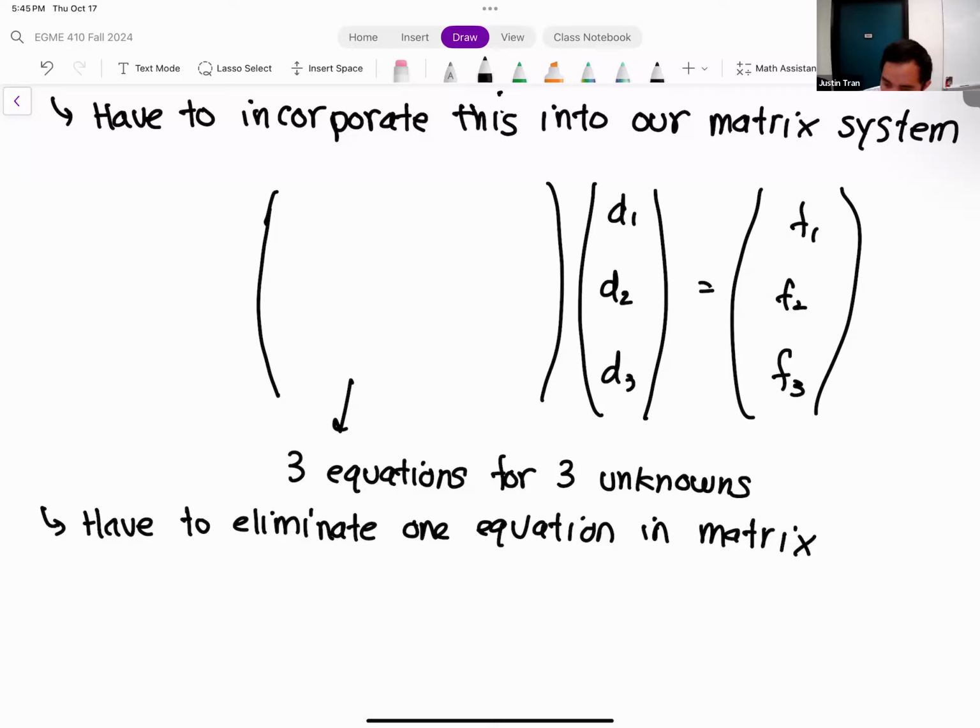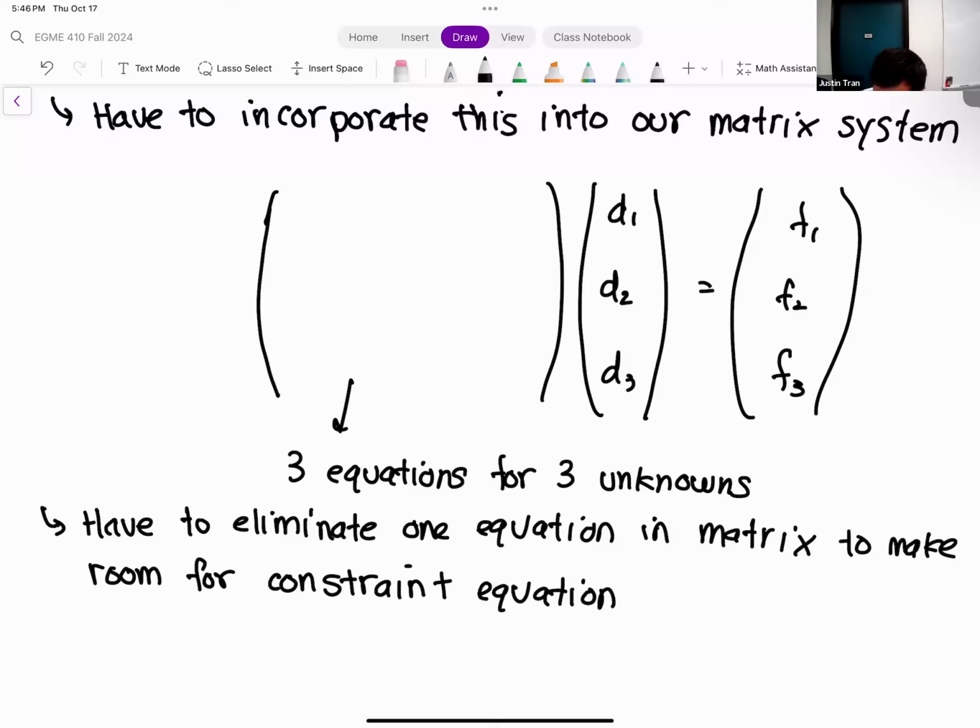So we're going to eliminate one of the equations in the matrix to make room for our constraint equation. Because by eliminating one of the equations in the matrix, we're going to have room for our constraint, and then we're back to a happy medium, 3 equations and 3 unknowns. Of course, the question is, which equation are we going to kick out?